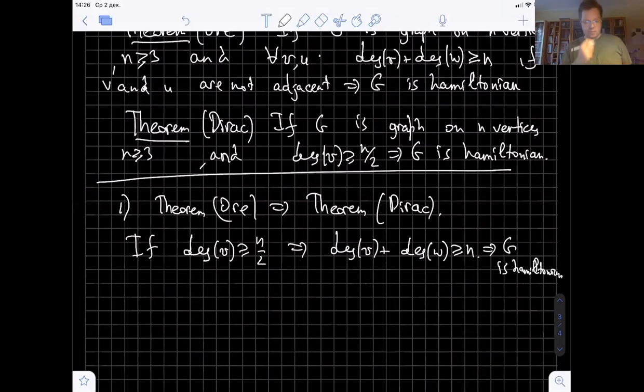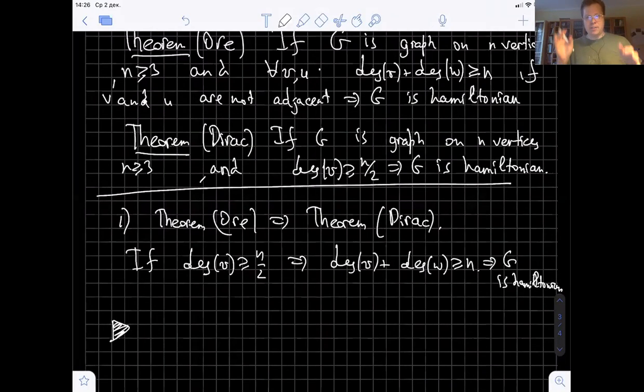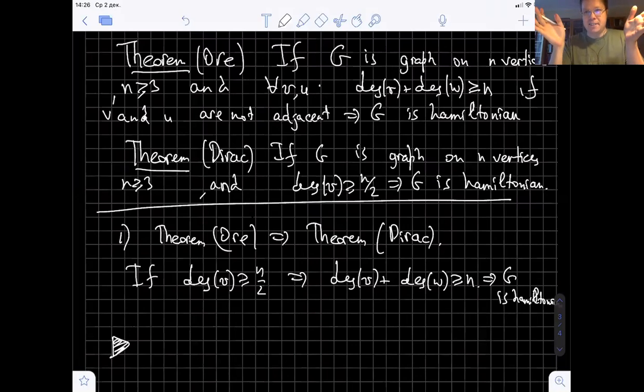And again, the theorem can be stated as: if a graph has many edges, then we can find a Hamiltonian cycle.